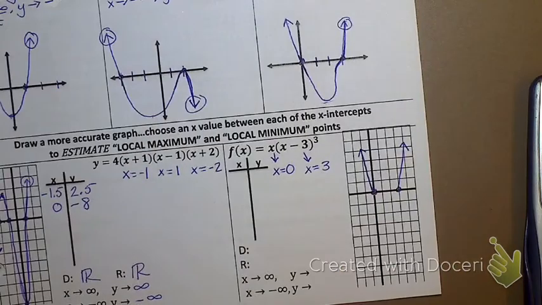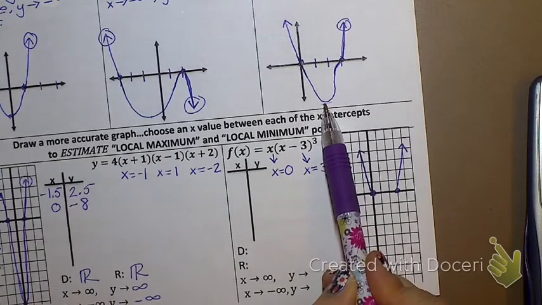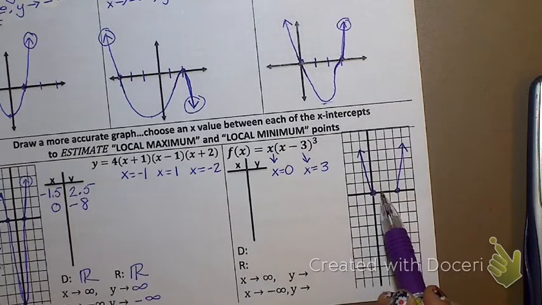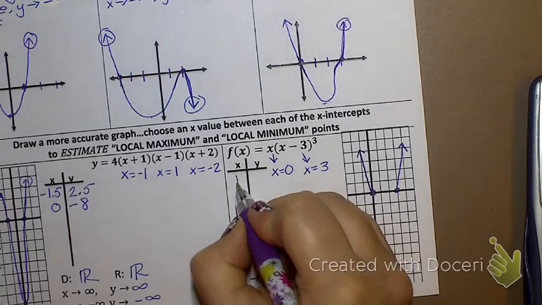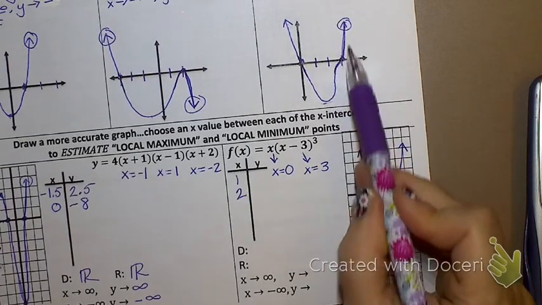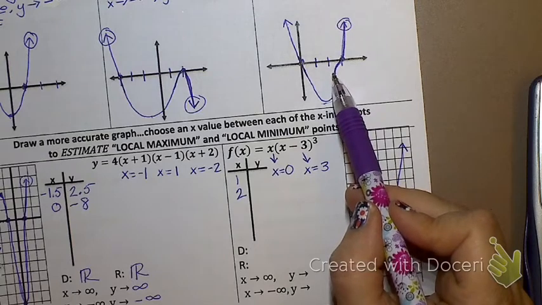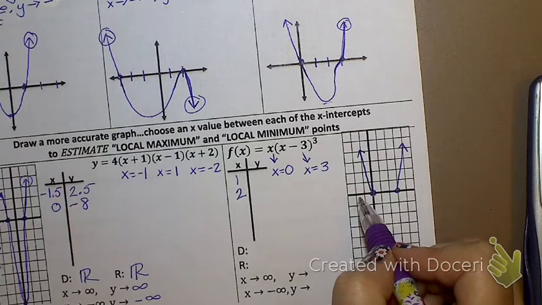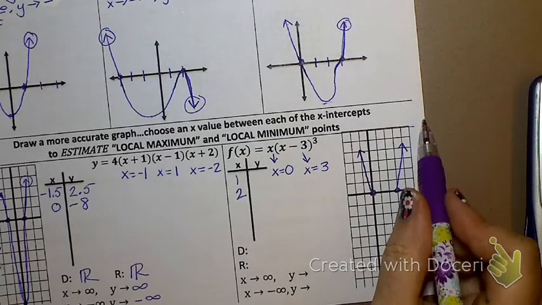So I can start with that. Now, I want to know what's going on between so that I can find out approximately how low this goes. Now, I could pick one value, but I'm going to pick both 1 and 2, because that'll help me get an idea of what this bend is going to look like also. Okay? I could pick numbers outside of there, but for our purposes, we don't really care. We just know that it's going up there.